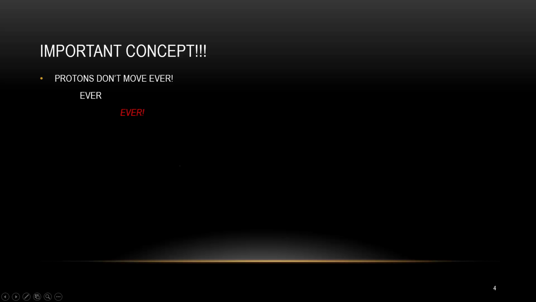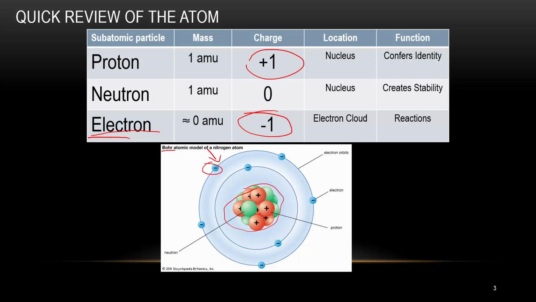An important concept is that protons never move, and protons again are these positive charges. These guys in the middle never ever move, and the reason they don't move is because we identify our elements by their number of protons. So if protons were to leave these atoms, then nitrogen is no longer nitrogen.